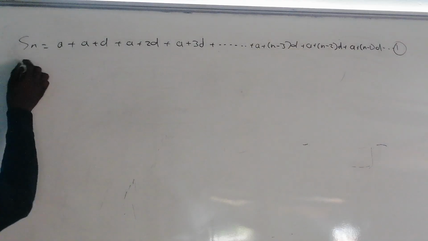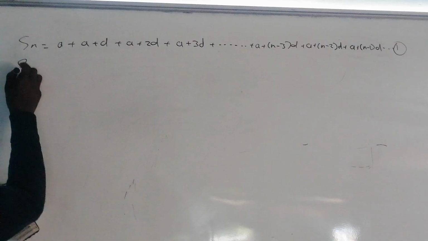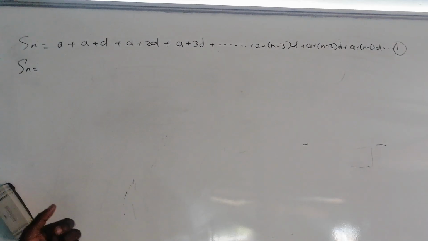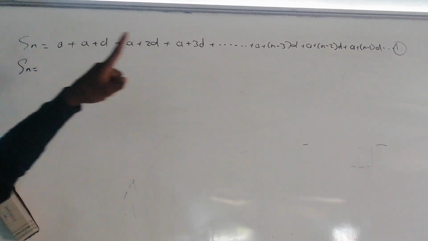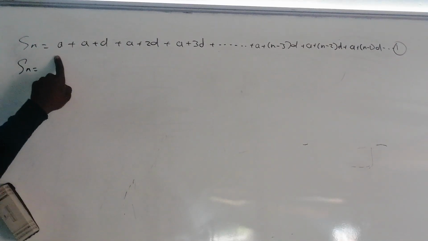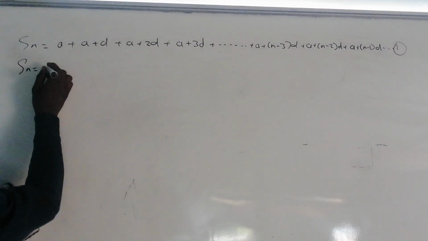So for us to find equation 2, this is what you must do. You start at the end of equation 1 and you end at the beginning of equation 1. That was so tricky, but this is what I'm saying.